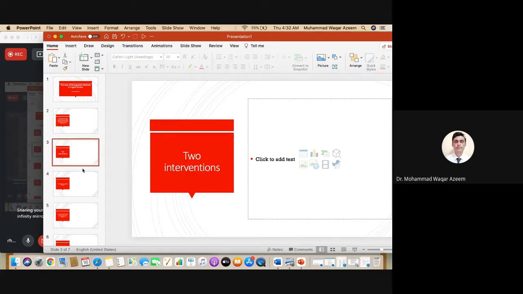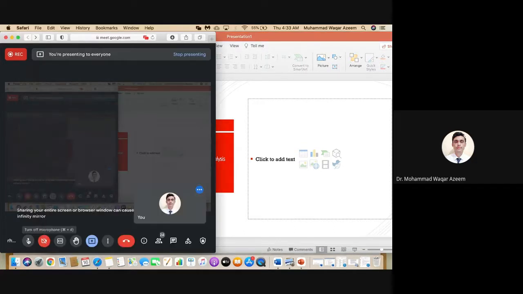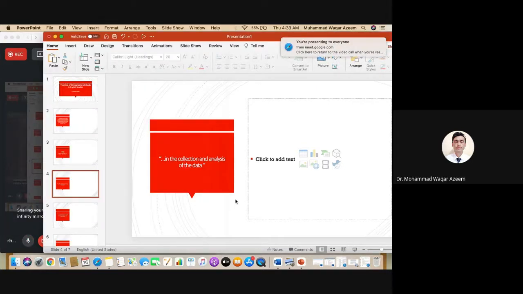So there are two possible interventions which an ethnographer makes. The first intervention is in the collection and analysis of the data.